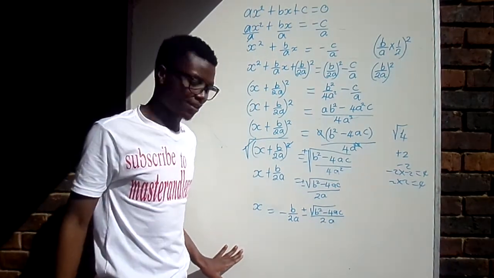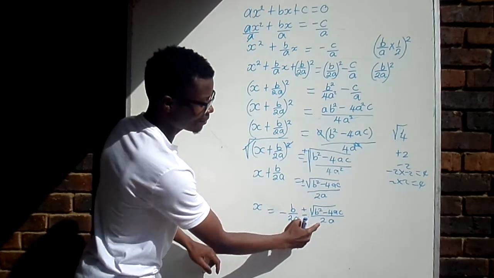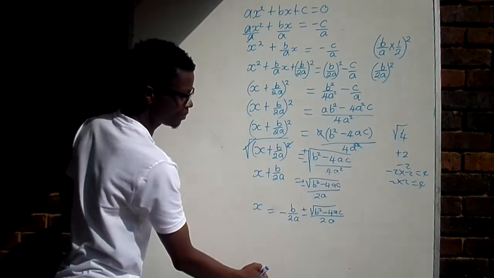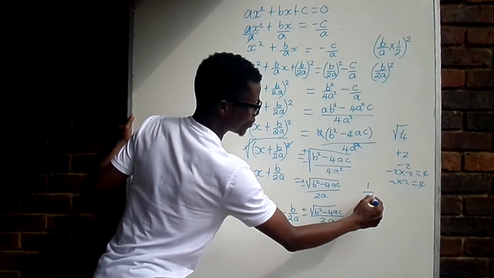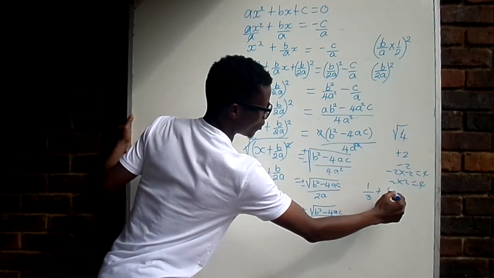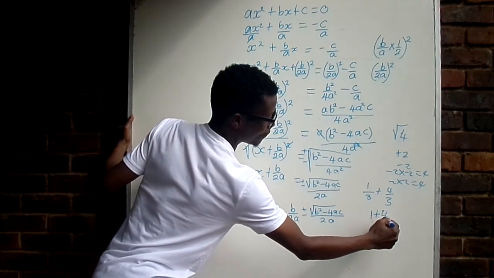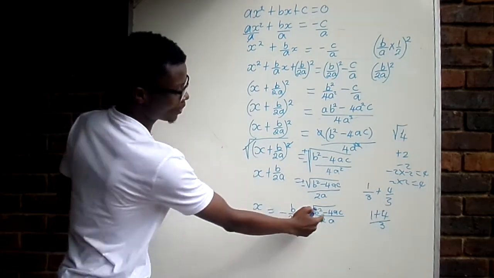What do you notice? We do have two fractions, and these fractions have the same denominator, right? So if fractions have the same denominator, it can be written as one fraction. If we have 1 over 3 plus 4 over 3, this can be written as 1 plus 4 all over the same denominator 3. So this is what we are going to do.